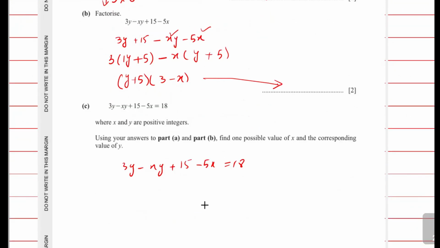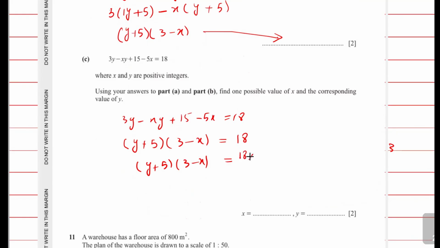The left hand side we can write in factorization form: y plus 5 into 3 minus x equal to 18. And we can write 18 as 18 times 1, or as 9 times 2.